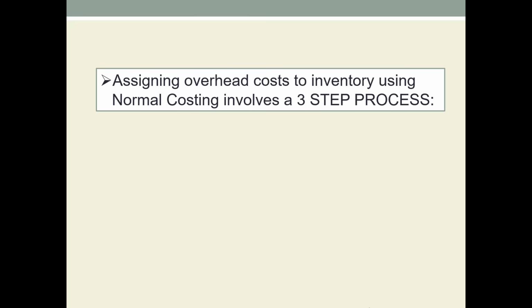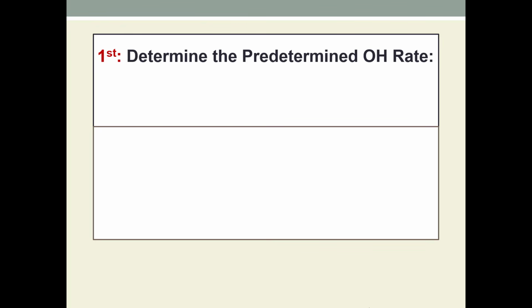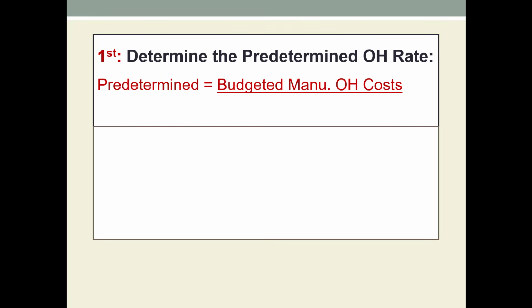Now, this assigning overhead cost to inventory is a three-step process. First, you calculate the predetermined overhead rate. We'll take our budgeted manufacturing overhead costs and divide by budgeted activity.